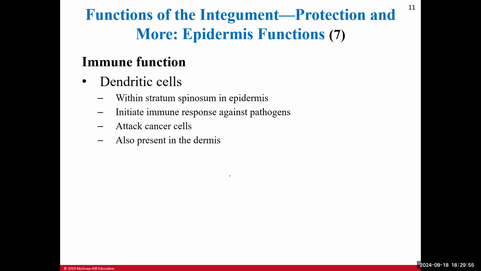Immune function, right? Our skin, besides being a barrier to the outside world, also has, as we talked about in lab on Monday, in the stratum spinosum, that second deep layer of the epidermis, those dendritic cells, or cells of Langerhans.